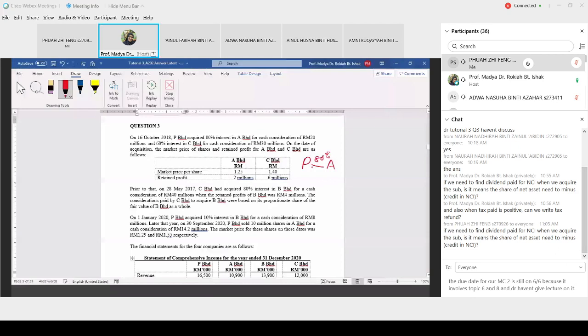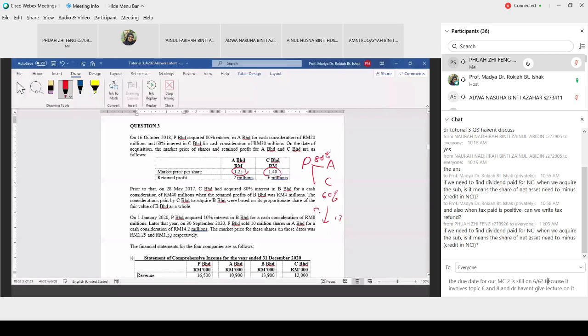Prior to that, on 28th of May 2017, C acquired B. C already acquired 80% in B in the year 2017. The consideration paid by C to acquire B is proportionate shares of the fair value of SB as a whole.